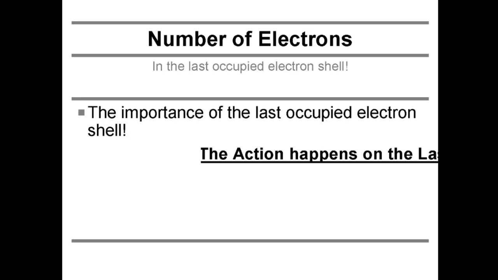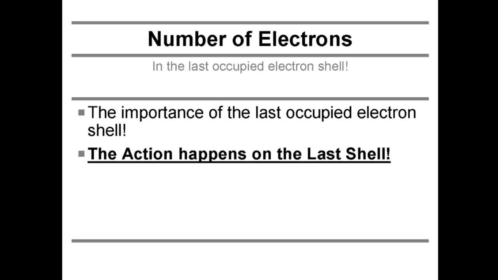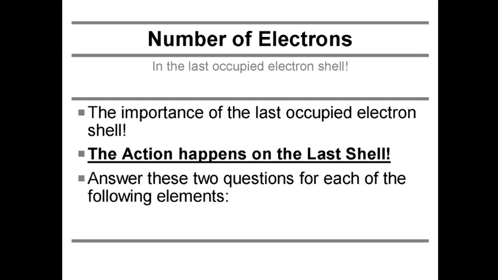Here we go. If there's any action, like an explosion or reaction between atoms, the interaction is always on the last occupied electron shell. That's where the action happens. And so we need to understand how many electrons are on there and what they are doing, right?